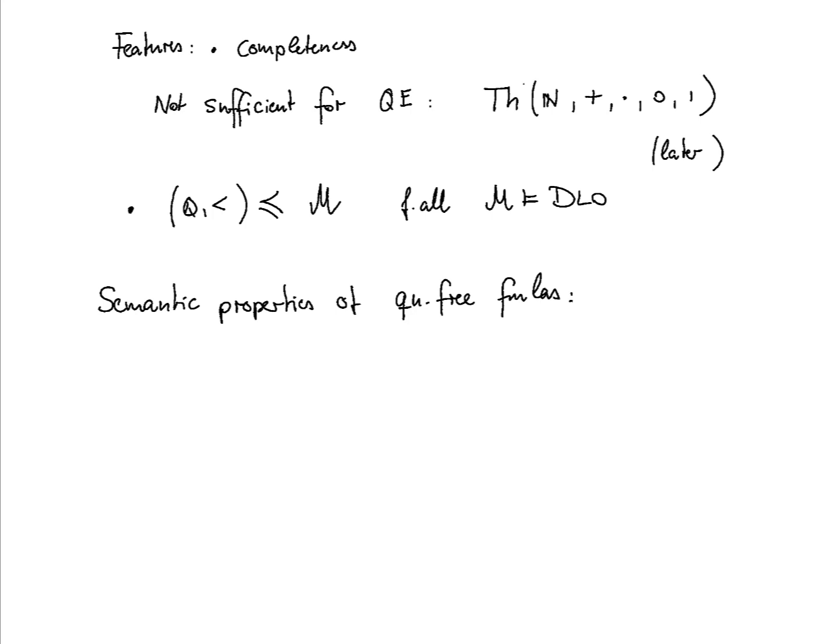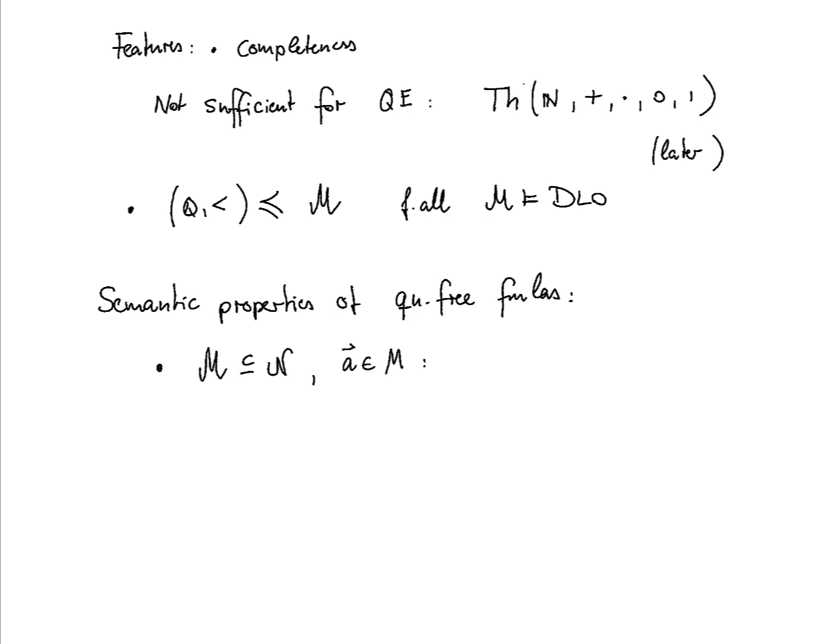In order to develop these more usable tests for quantifier elimination, we need to recall a couple of important semantic properties of quantifier-free formulas. One had to do with quantifier-free formulas and the property of being substructures. So let's assume M is a substructure of N, and A is a tuple from the smaller structure.